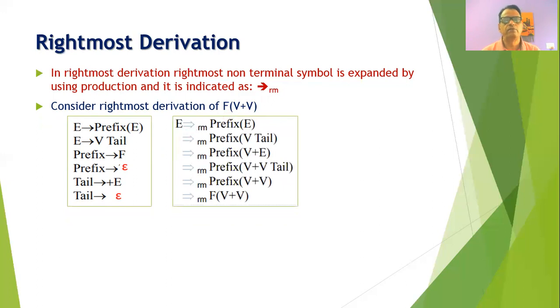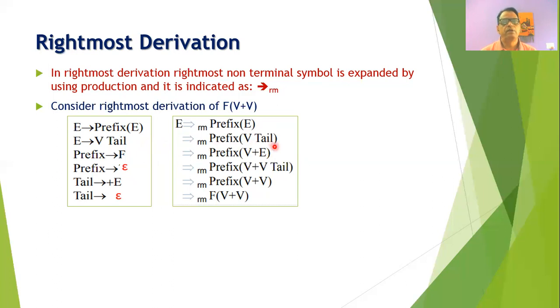Again, we start with the start symbol. E is defined as prefix (E). Now in this derivation, we go from the right-hand side and first expand the rightmost non-terminal symbol E by using the production rule vtail, and therefore we write prefix (vtail).